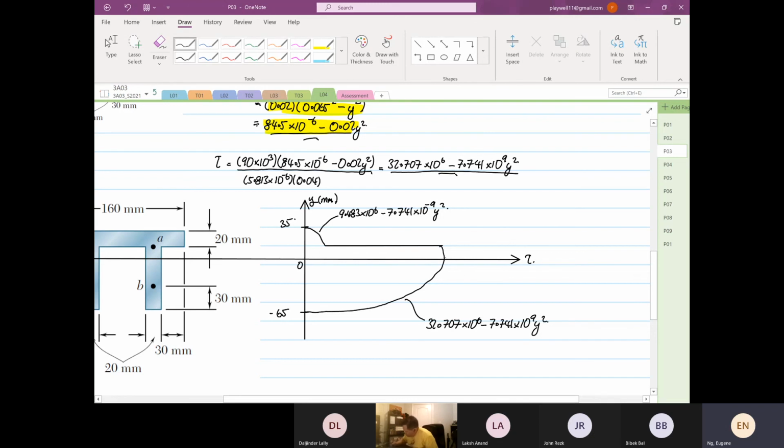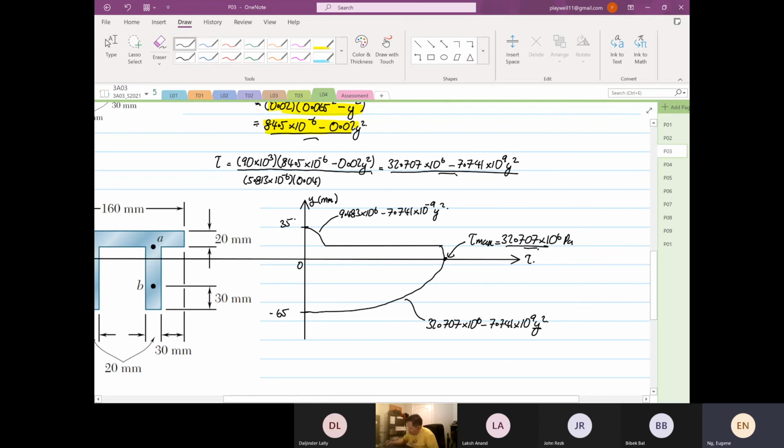And this point over here is our tau max, which is equal to 32.707 times 10 to the power 6 Pascal, because if y is equal to 0, we are left with 32.707.